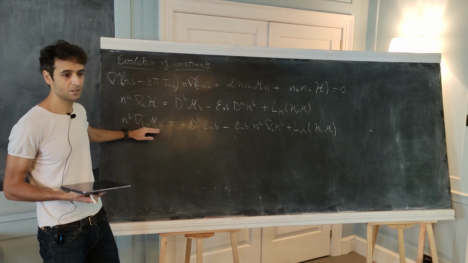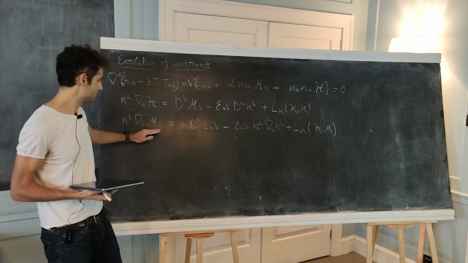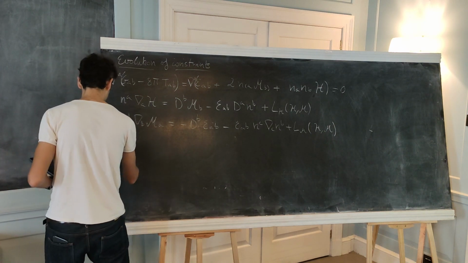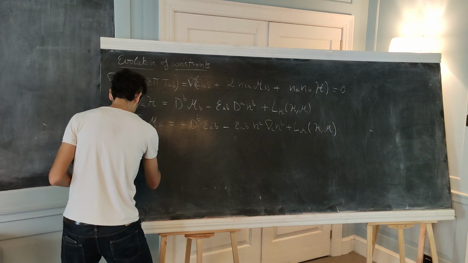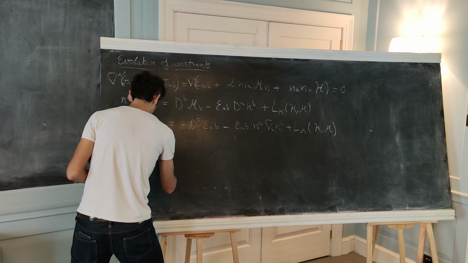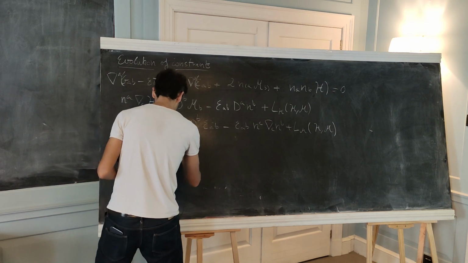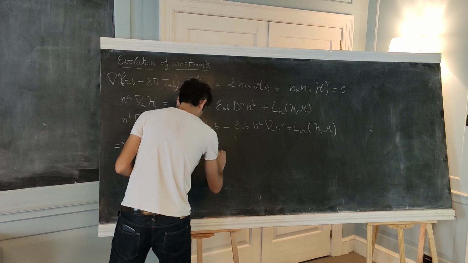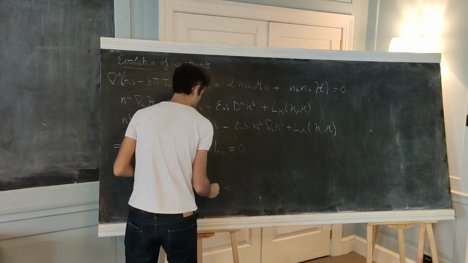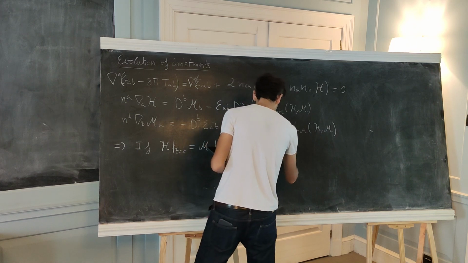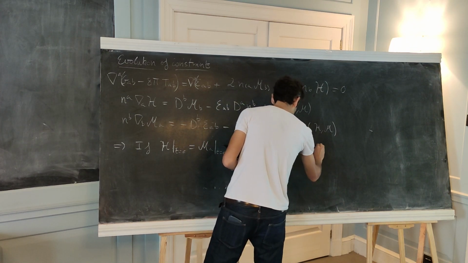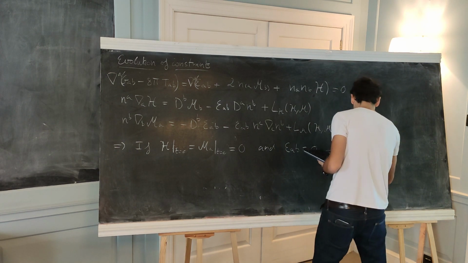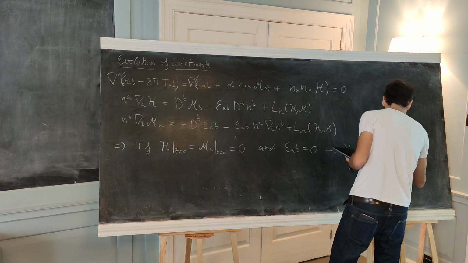This guarantees that the constraints will continue to vanish in the future. So if the Hamiltonian constraint at t equals 0 and the momentum constraint at t equals 0 vanish, and we satisfy the Einstein equations, then they vanish at all times.